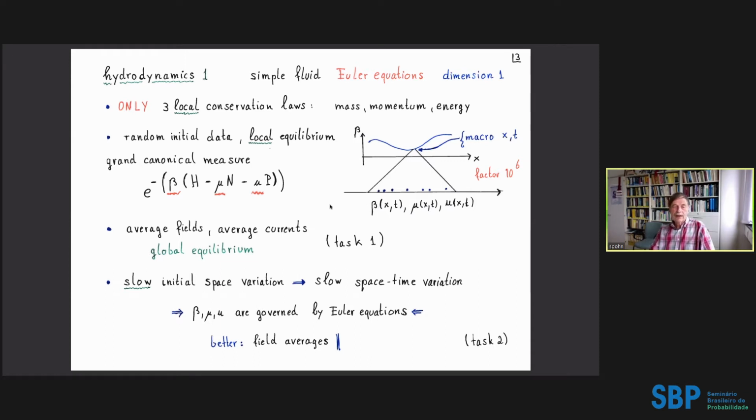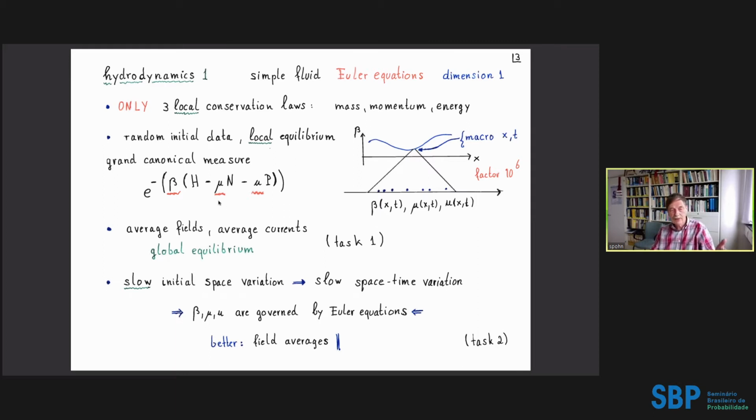Now come the two tasks which you have to solve. One of them is, if you want to write down the corresponding hydrodynamic equations, you have to do a little computation. You have to compute the average conserved quantities in this Gibbs measure: the average density, the average momentum, the average energy, and the average currents.